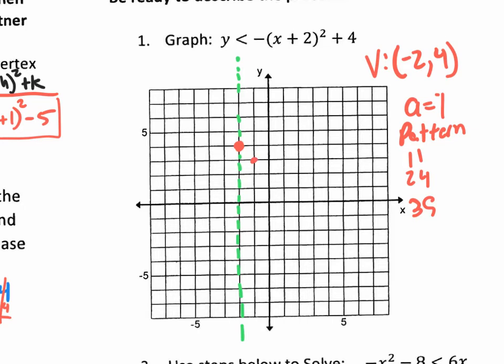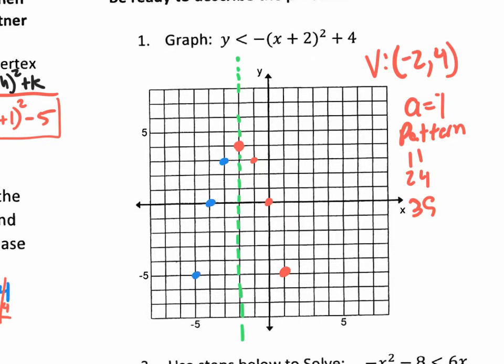Go back to the vertex. 2 over, 1, 2, 3, 4 down. And right here it's kind of weird, we end up at the origin. Then go back to the vertex. 3 over, 9 down. That's 4 all the way down to here. Put a dot right there. And of course, map your dots to the other side of the axis of symmetry.